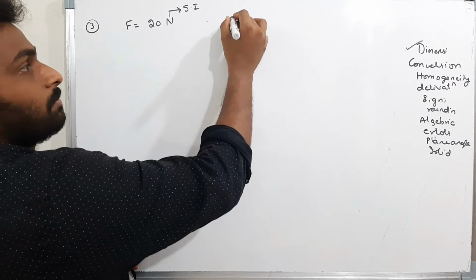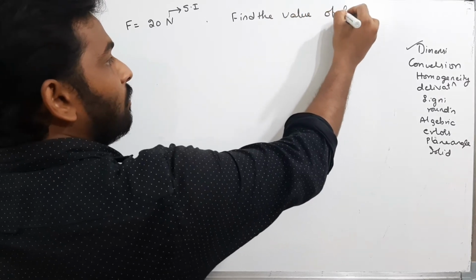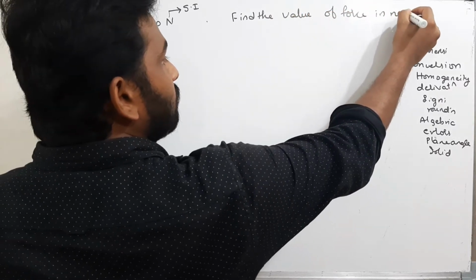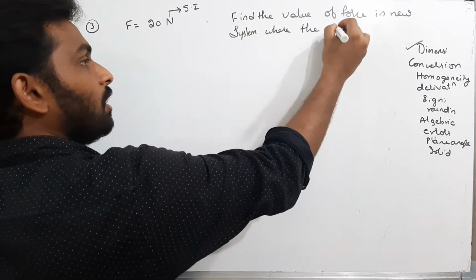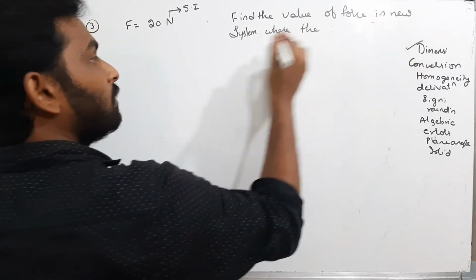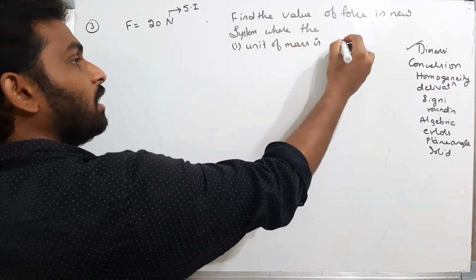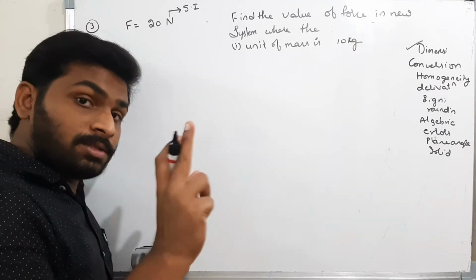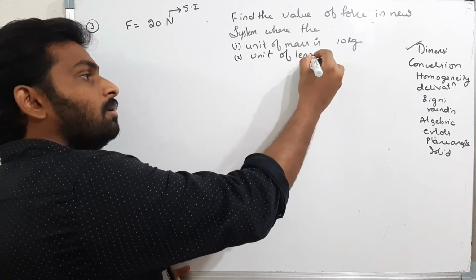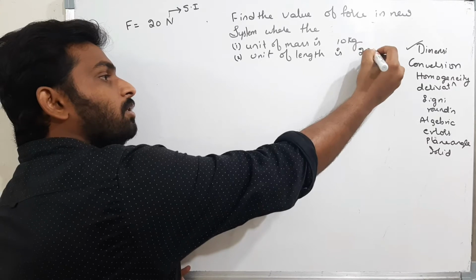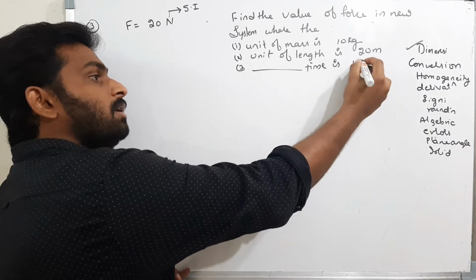Now they told us to find the value of force in a new system, where the unit of mass is 10 kg, the unit of length is 20 meters, and the unit of time is 10 seconds.